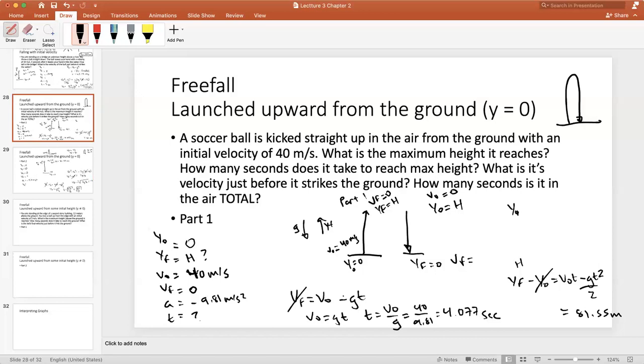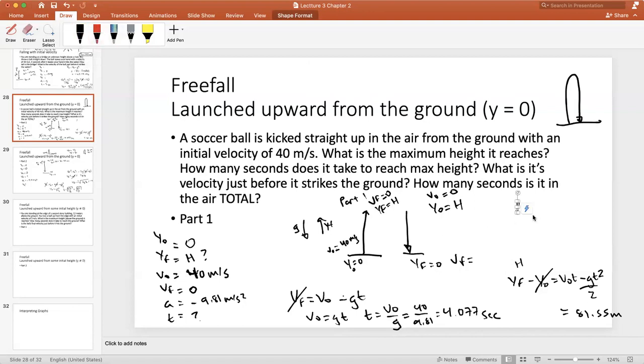I have y final minus y initial is equal to yeah, I know how to do it. Okay. All right, you've decided to be a pain. Fine, okay.